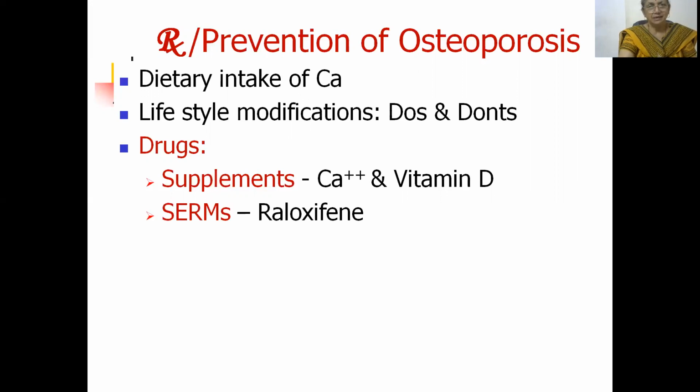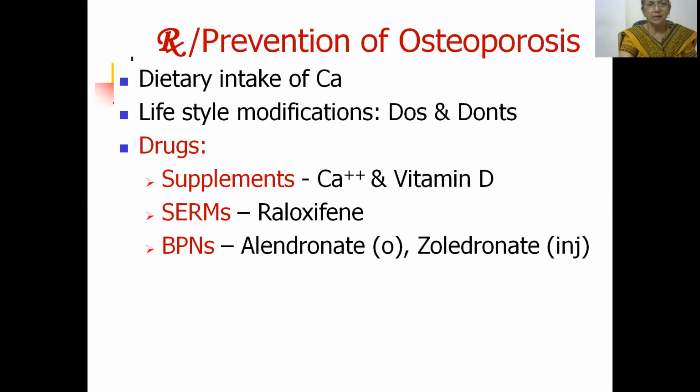Next in line, if dietary intake and proper lifestyle are not sufficient, then we supplement with calcium and vitamin D. And if that is also not sufficient, then raloxifene, the selective estrogen receptor modulator, which will give us the beneficial effects on the bone without increasing the risk of breast or endometrial cancer.